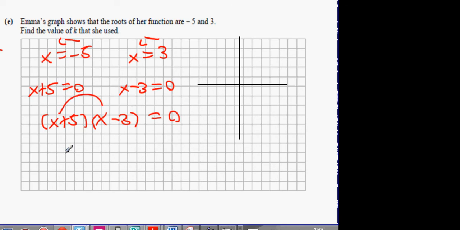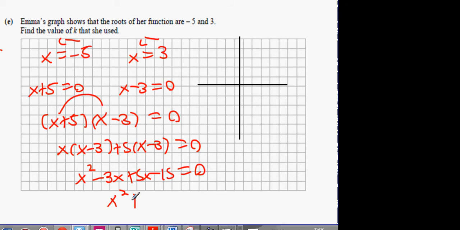Multiply them out. We get x bracket x minus 3 plus 5 bracket x minus 3 equals 0. Multiply out: x squared minus 3x plus 5x minus 15 equals 0. X squared plus 2x minus 15 equals 0. That's the graph we drew.